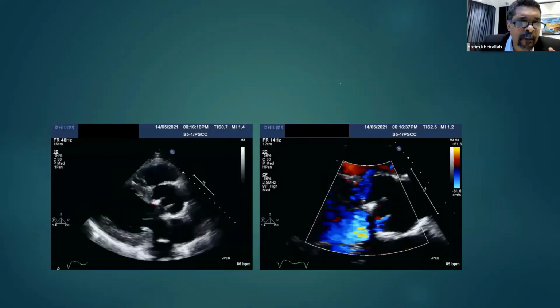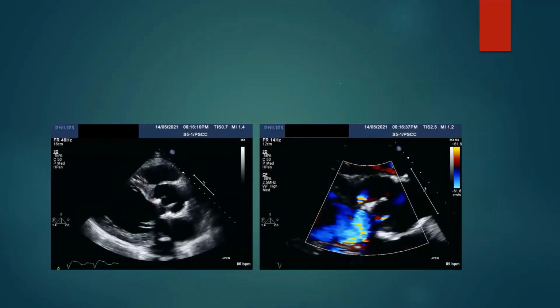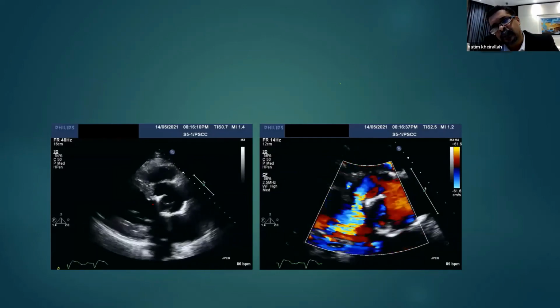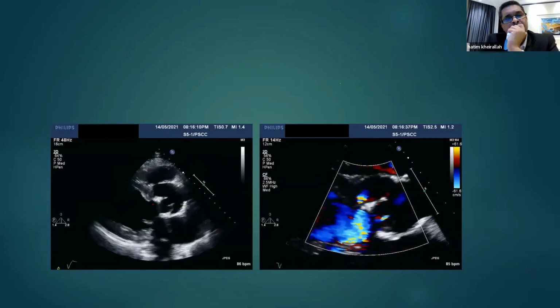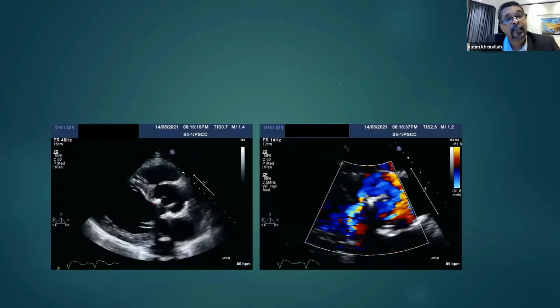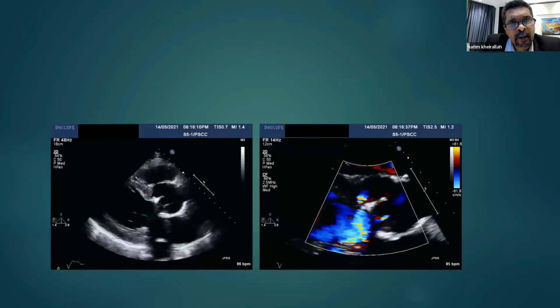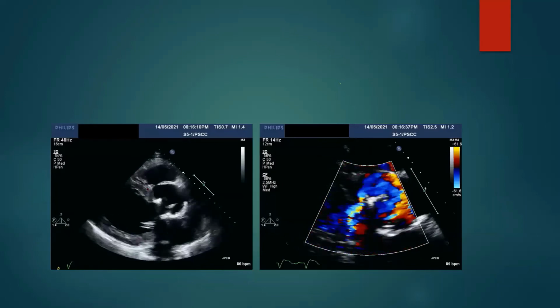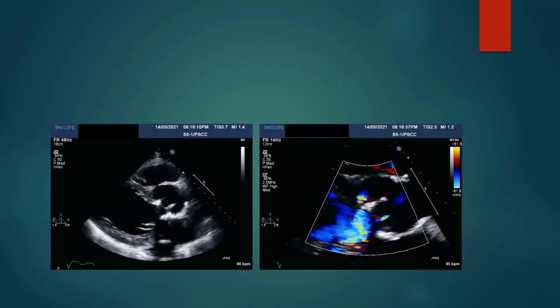First of all, tell me what. Anterior mitral leaflet perforation. It looks like an aortic valve. Okay, so you think that this one here is a bioprosthesis, right? Yes. Bioprosthesis in the aortic valve.